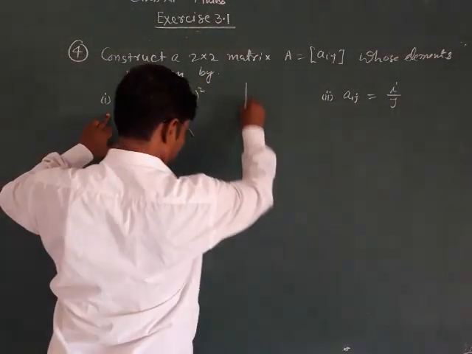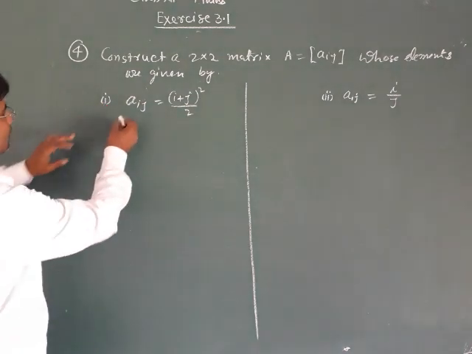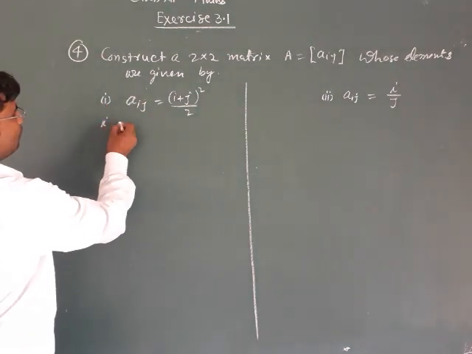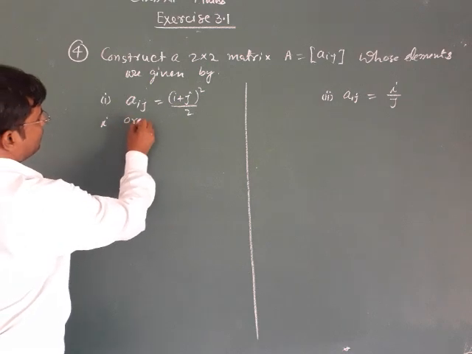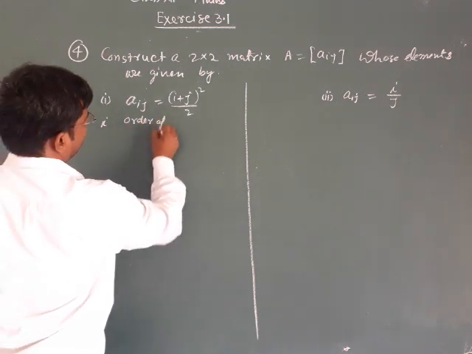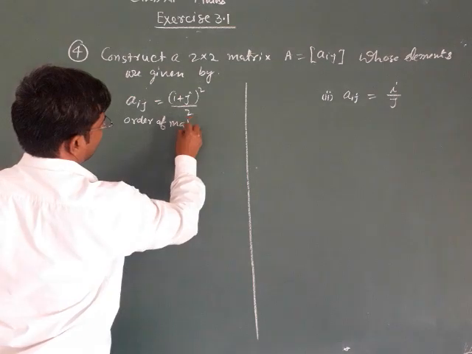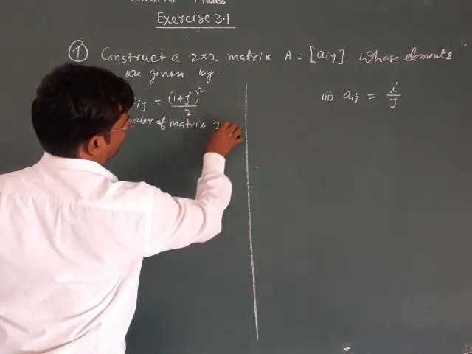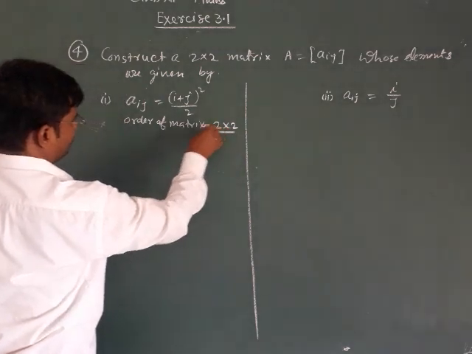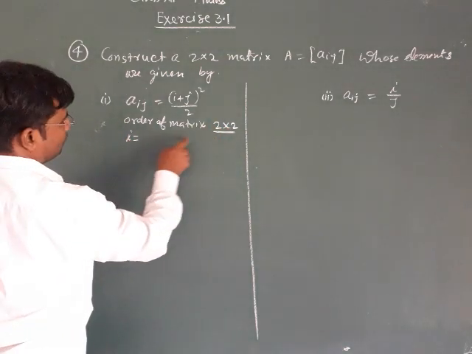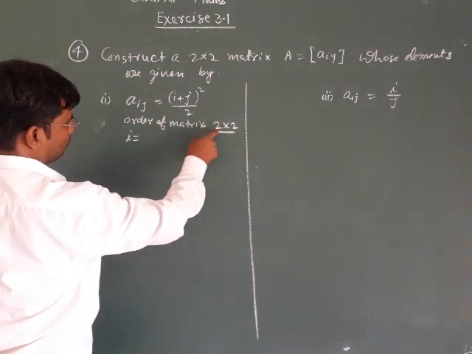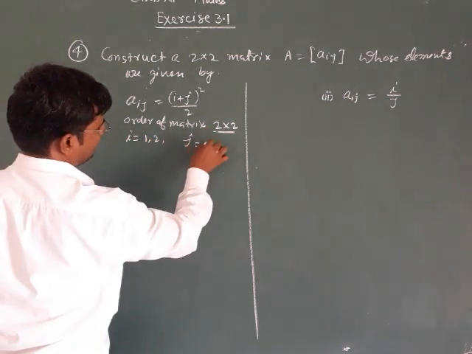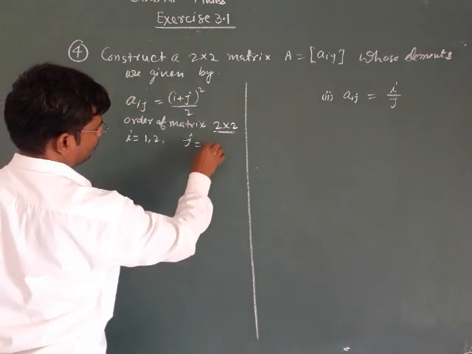Solution of this question: you can write the order of matrix 2 into 2. So i has maximum element 2, any of 1, 2, and j has maximum element 2, so 1, 2.